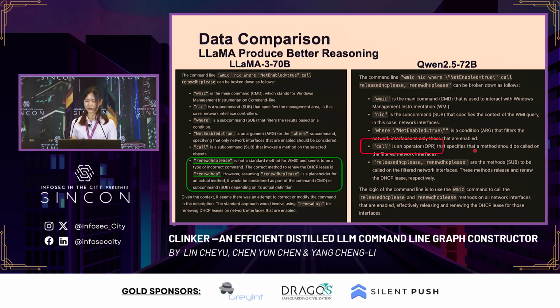On the other hand, Qwen mistakenly classifies the call token as an operator when it should be classified as a subcommand instead. Overall, Llama outperforms Qwen in this case, providing more accurate and reliable reasonings for input command lines.